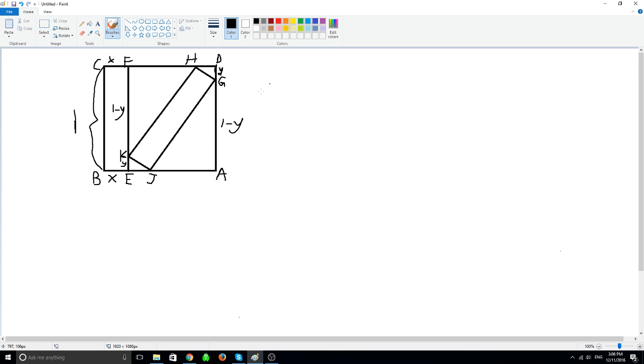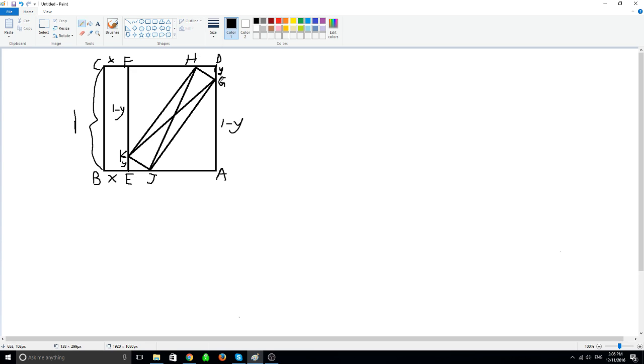Alright. So now we're going to create some new triangles that will help us. We can create this diagonal length right here, and that could help us a lot. And we're also going to create a diagonal length right here.